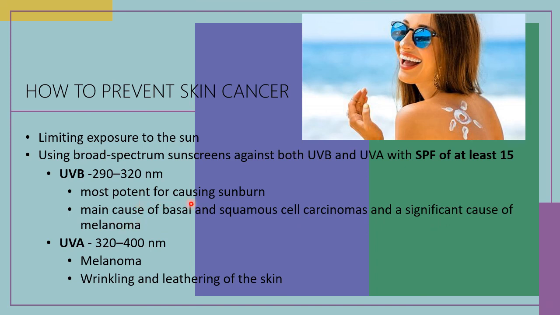It's also the most potent for causing sunburn. Your UVA, or ultraviolet radiation A, also contributes to skin cancer development, especially melanoma. It can also cause wrinkling and leathering of the skin because UVA can penetrate deep into the dermis.